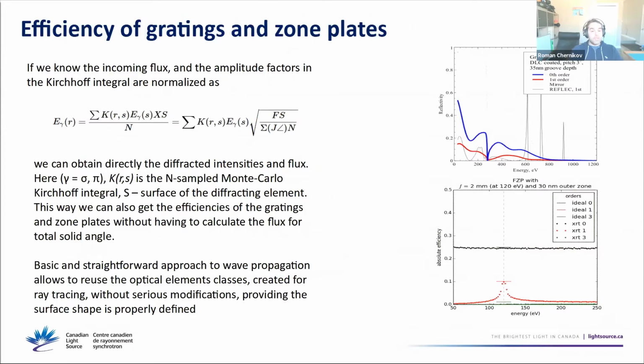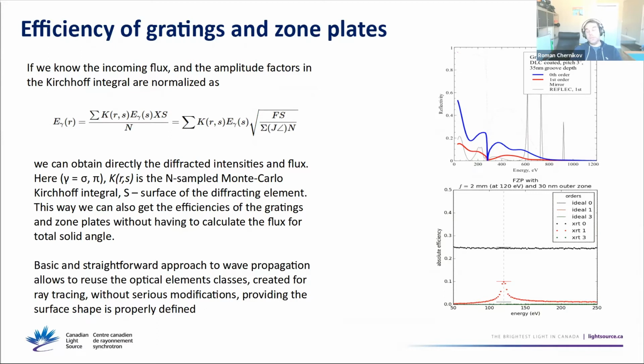Yeah, so as I said, preservation of the most generic integration form allows us to carefully calculate all amplitudes. And the fact that we don't use any grids and we're randomly sampling the surface allows us to work with gratings and with zone plates, and to calculate precisely the efficiencies of these optical elements.